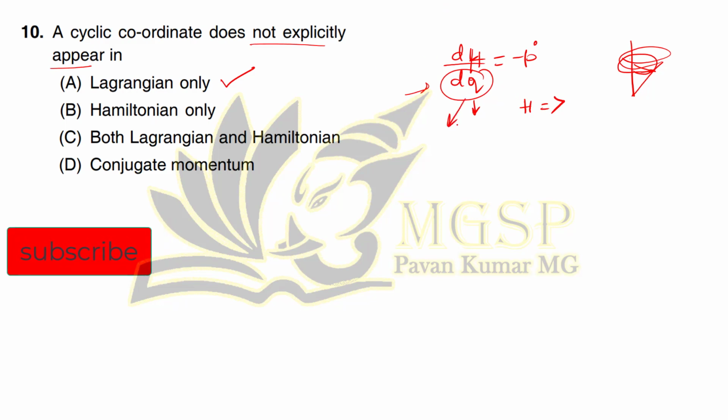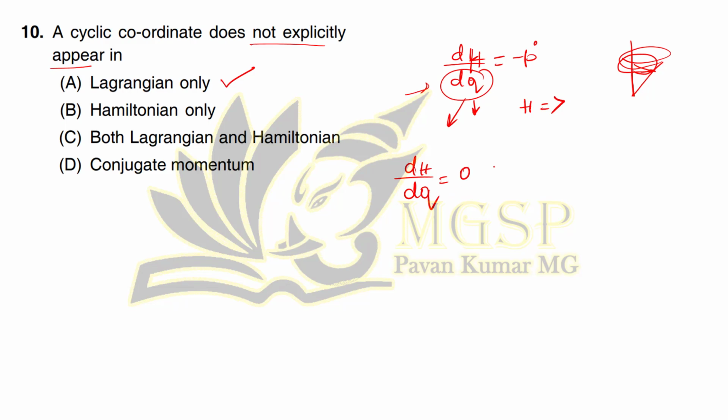Suppose q is not present in the Hamiltonian, then we'll say that dH by dq is equal to 0. This we call cyclic. As q isn't present in the Hamiltonian, we can write p dot is equal to 0, equating this with this.